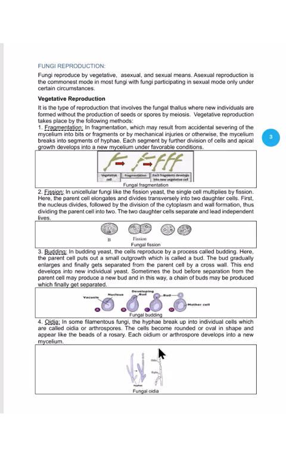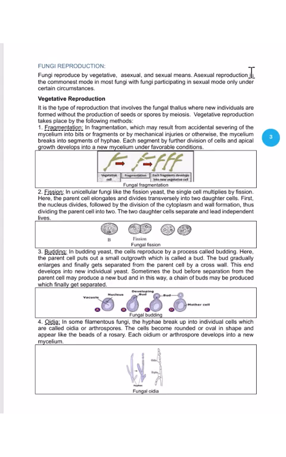These oidia are round or oval in shape, and they appear like beads on the hyphae. Each oidium or arthrospore develops into a new mycelium. This is how the filamentous fungi grow.